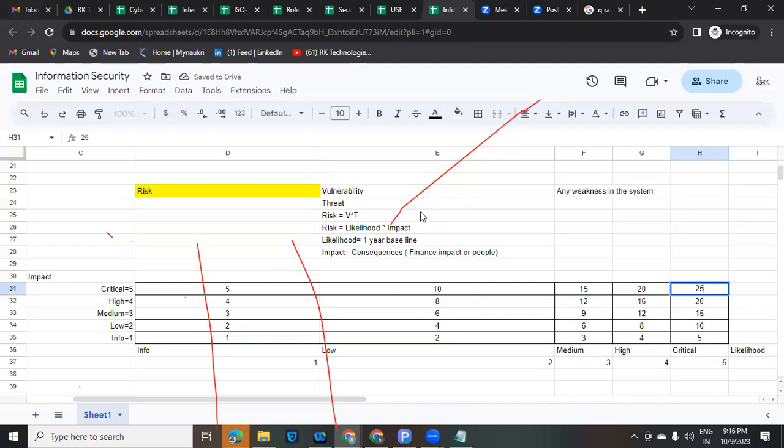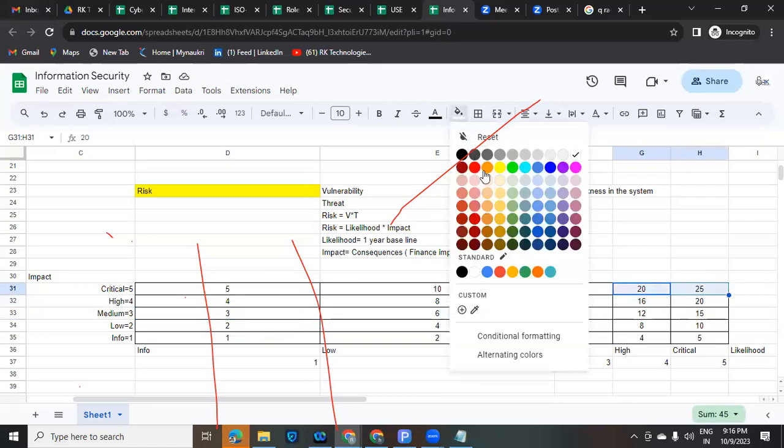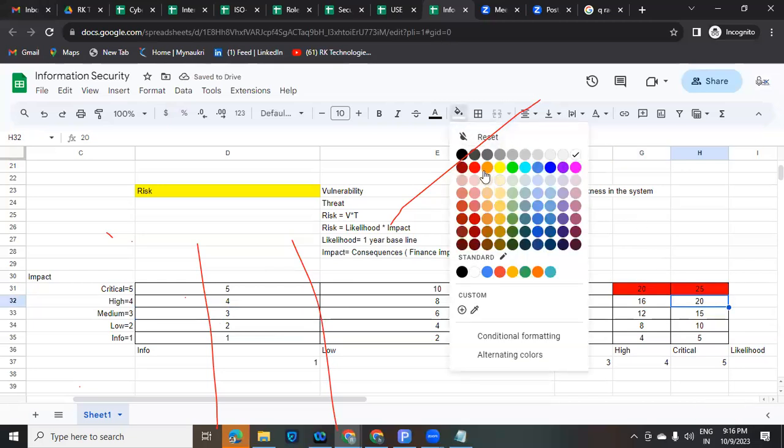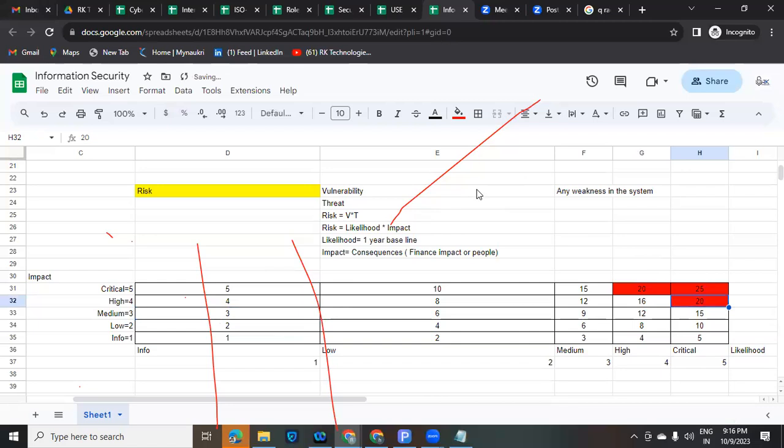Now we have to define the severity. So 20, 25, you can configure as critical. Critical I will represent with red. Whenever risk score is coming 20 to 25, in between.